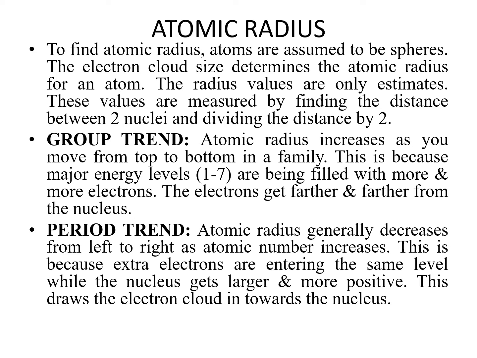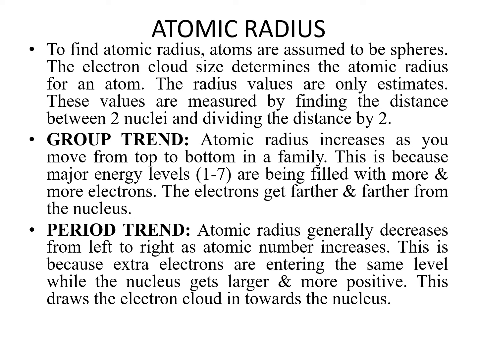And period-wise, atomic radius decreases from left to right. This is because extra electrons are entering the same level while the nucleus gets larger and more positive. This draws the electron cloud in towards the nucleus.